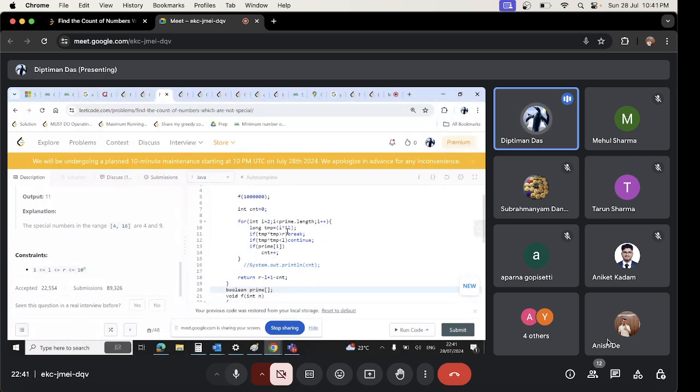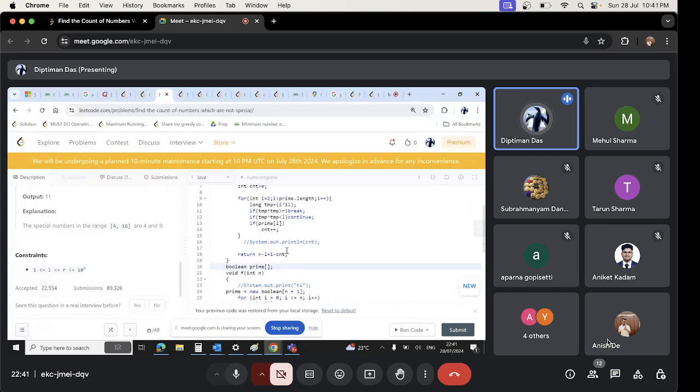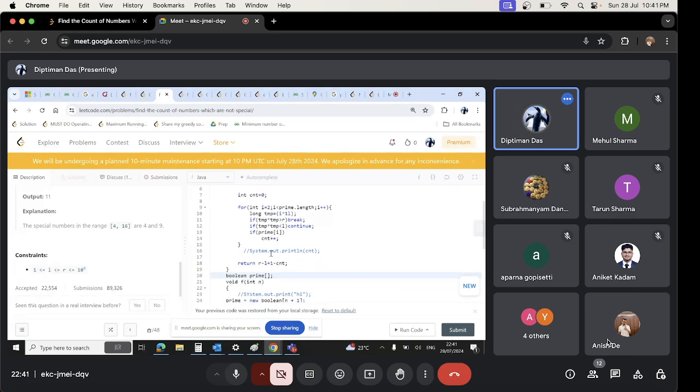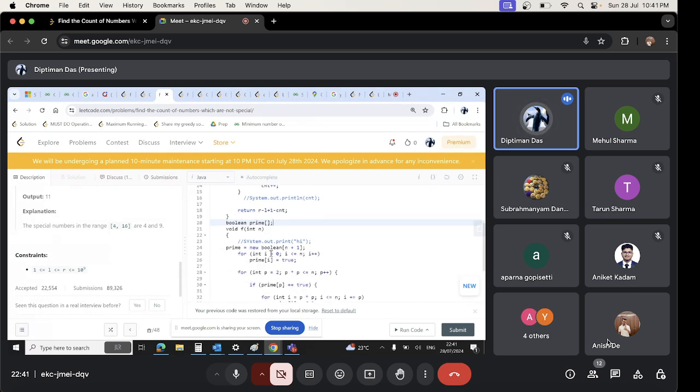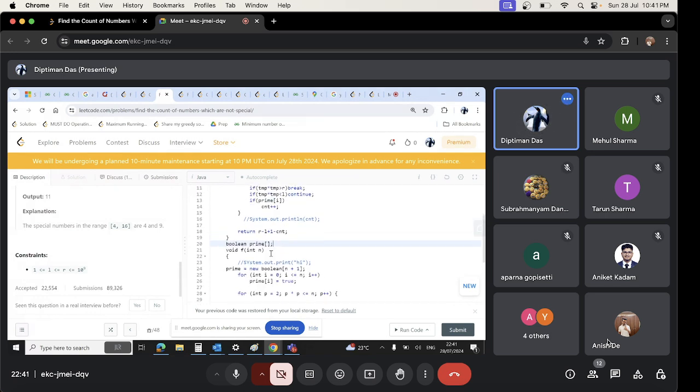After that, we take each number and see whether it is in range or not, and if it is in range, we increment the count. Then R minus L plus 1 is the total number of numbers in that range, minus the count. Count is basically the squares of the prime numbers which are in that range. So we'll get the answer like this.